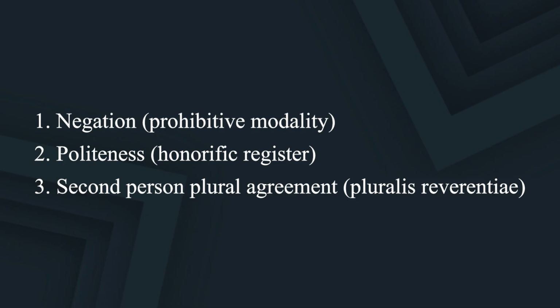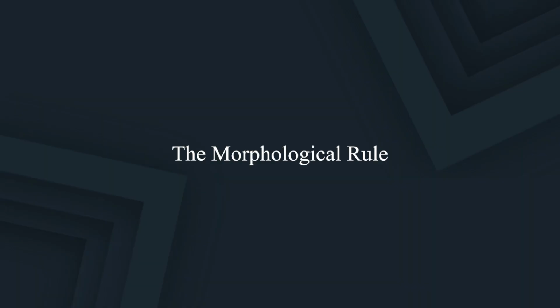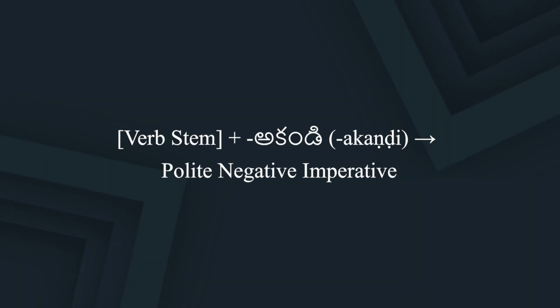Two, politeness, which means honorific register. Third one is second person plural agreement. The suffix akandi functions as a morphological blend. The morphological rule is that verb stem plus akandi becomes polite negative imperative. The suffix is invariant across all verb classes.